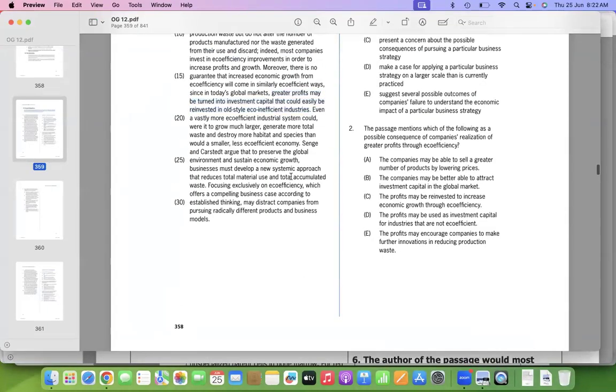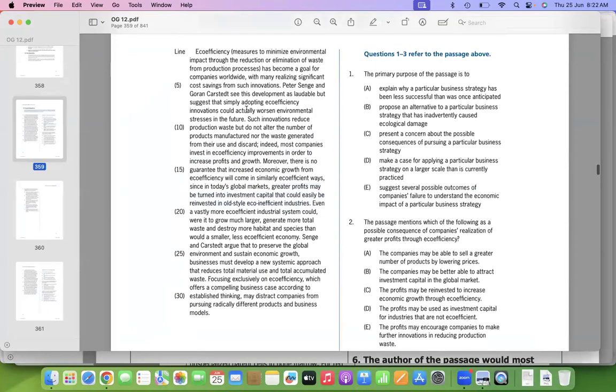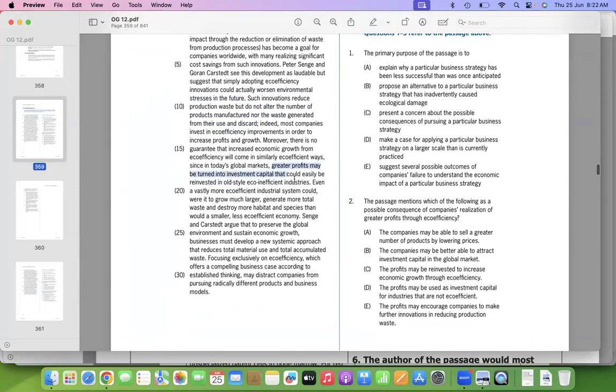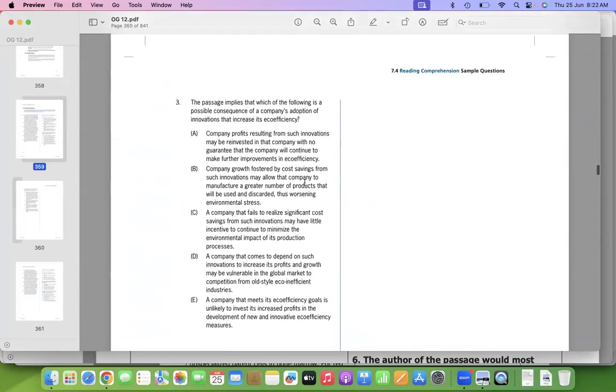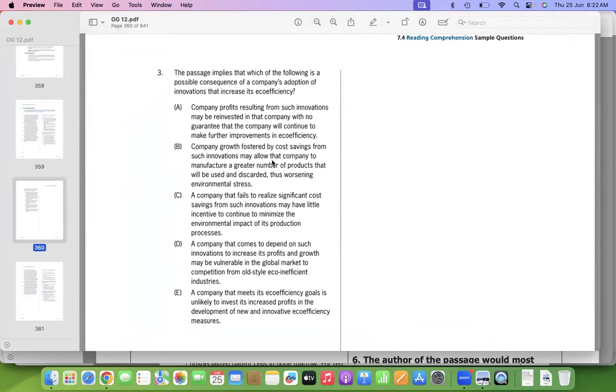If we are dealing with worsening environmental stresses, if we are talking about products, the waste, the discard, if we are talking about how greater profits can go into eco-inefficient industries, how can my answer come from a different variable, a new variable, like improvements in eco-efficiency?